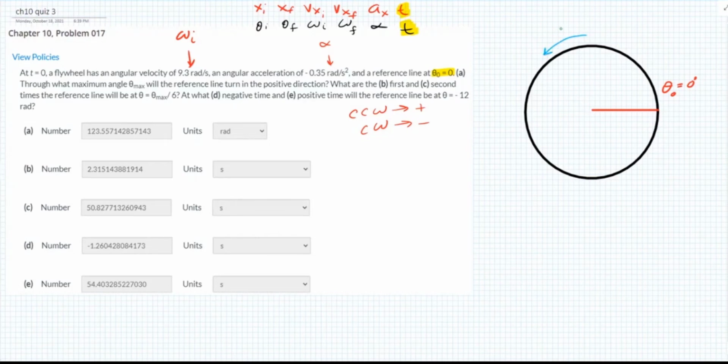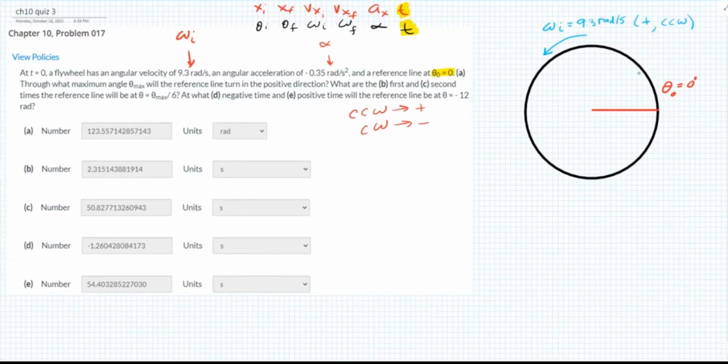All right, this is my initial angular velocity, given as 9.3 radians per second. And this is the positive direction. It's positive because positive means counterclockwise. That's the convention. You can flip that convention if you want, but unless there's a reason to, why not just stick with the convention?